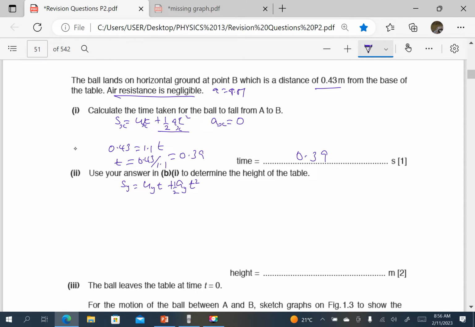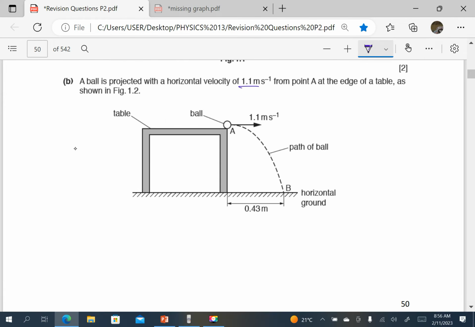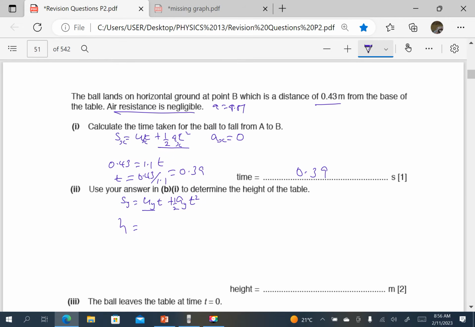Here we have an acceleration in the vertical, but the body is falling, so we can't put the negative. We want the height h, which is s in the vertical. Initial velocity in the vertical is 0 because the body was projected horizontally.